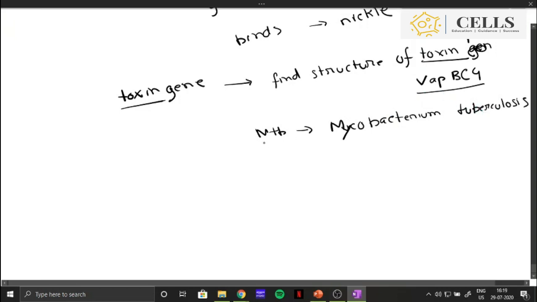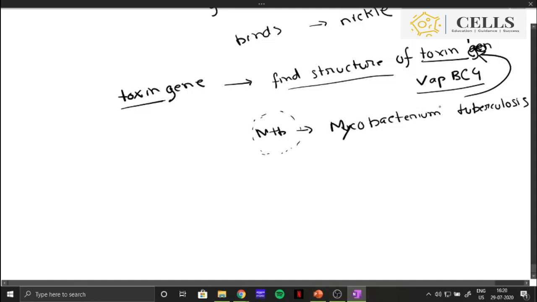So why do you need to find the structure of a toxin protein? Because there are many toxin proteins present in Mycobacterium tuberculosis, and it uses these toxin proteins to get rid of antibiotics and everything.